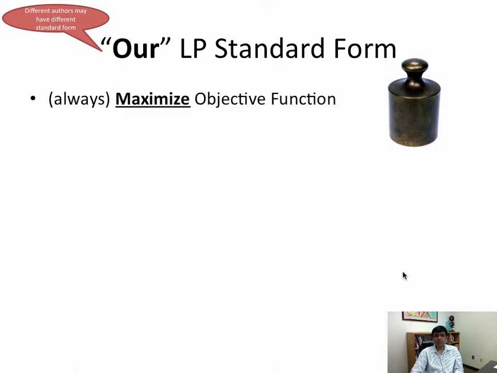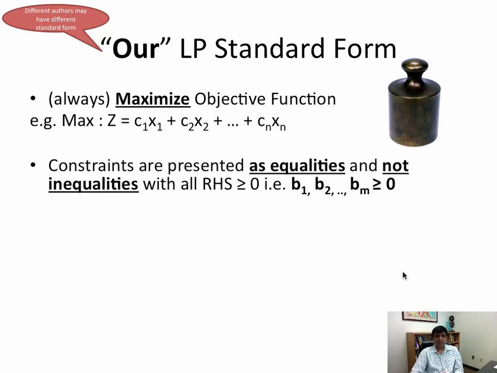In the standard form that we will consider, we will always want our objective function to be of kind maximize. For example, an objective function for us would be represented as maximize z = c1x1 + c2x2 + ... + cnxn. The constraints will be presented as equalities in our LP standard form and not by inequalities such as greater than or equal to or less than or equal to.